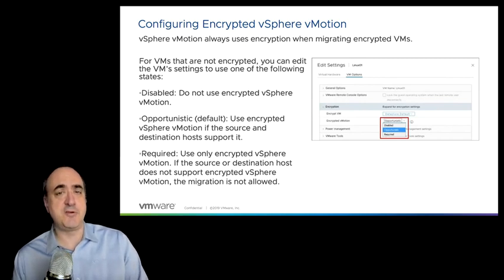If they can't be encrypted, then the VM cannot live migrate. It will also be set to required and will be grayed out. You can't change it until you turn encryption off on the VM. So you have to actually decrypt the VM so that you can change the vMotion setting. But you can't change it while the VM is encrypted. It has to be in a required encrypted vMotion condition.